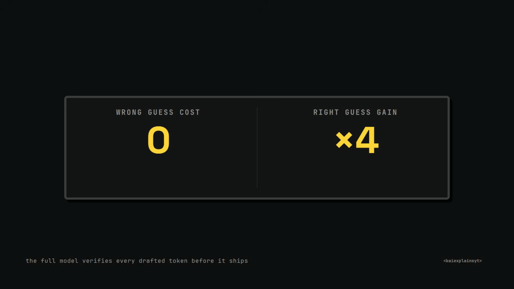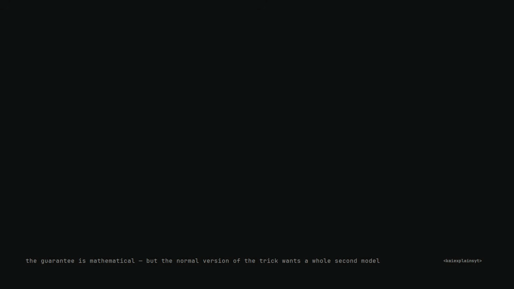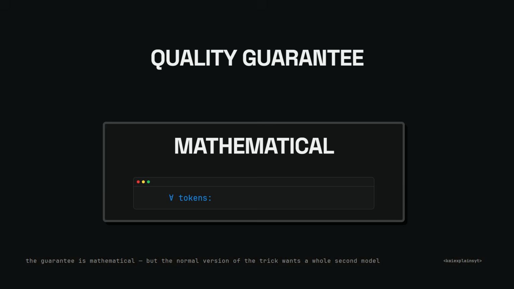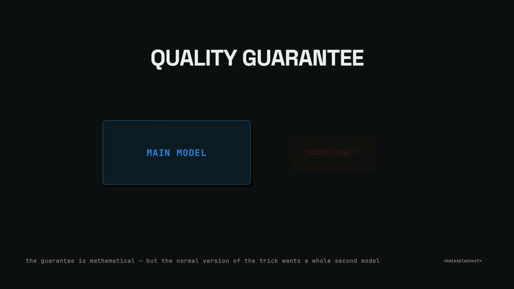That's the key insight. The full model verifies every drafted token before it ships, so speculation is incapable of changing the answer. The quality guarantee is mathematical, not hopeful. Switching this on costs you nothing in quality, ever, under any circumstances. The normal version of speculative decoding requires a second model, a smaller, faster drafter that you have to find, download, and keep resident in memory alongside the main model.